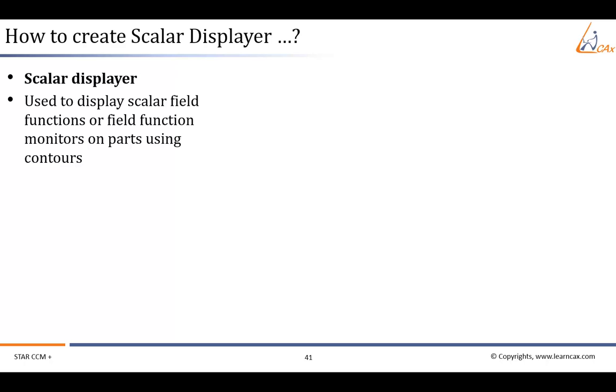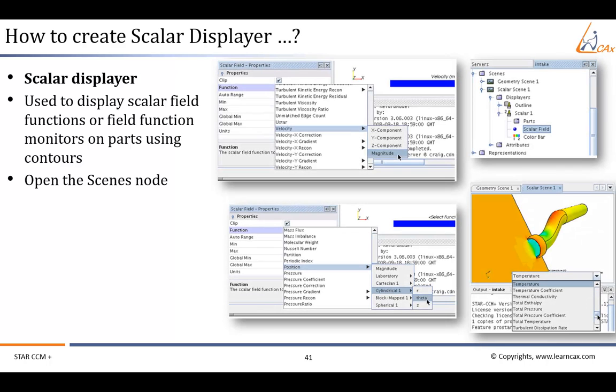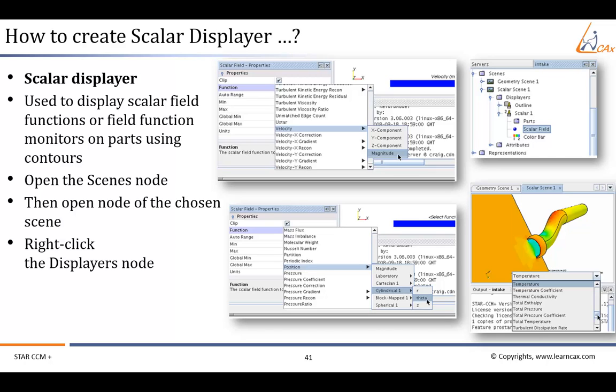We can add a scalar displayer to any scene. For this, open the Scenes node. Then, open the node of the chosen scene. Right-click the Displayers node and select New Displayer. Then, select Scalar. By default, the Scalar Displayer will contain no parts after creation, and we must add parts to the displayer.